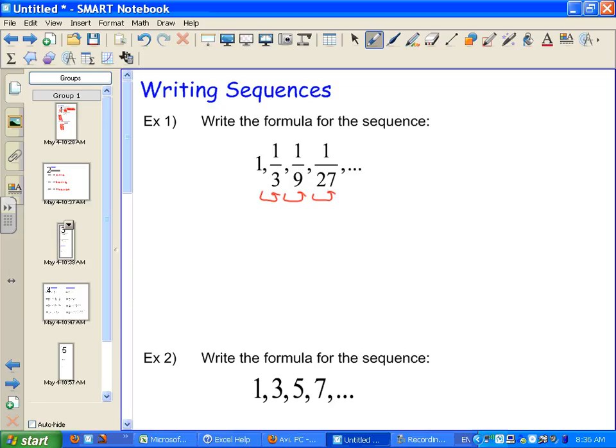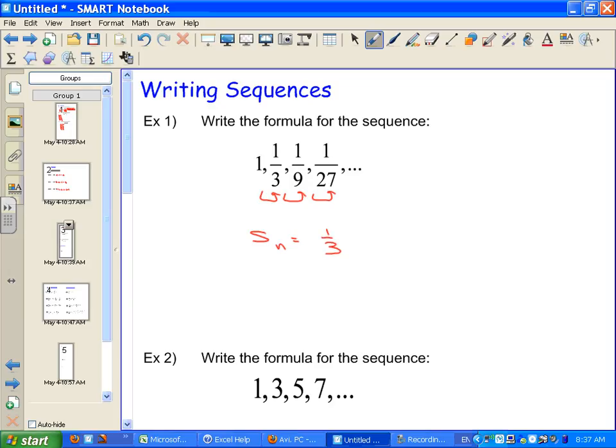Any guessing or experimenting? Let's say something along the lines of, is it n, or what's the symbol for number? You can pick whatever, so we could say sequence sub n equals sequence sub n minus 1. Okay, what do you want over here? You want a 1/3, times what?